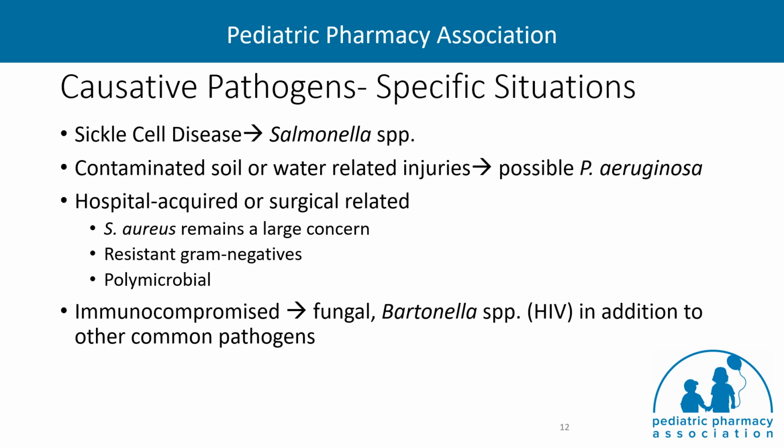If they're immunocompromised, you could have fungal, HIV associated with Bartonella, and potentially other common pathogens in immunosuppressed patients, but those are the unique ones. So these are usually a pretty small proportion of your osteo or septic arthritis cases, but if you think specific disease states, you may consider adding coverage for these because they can happen in certain patients.